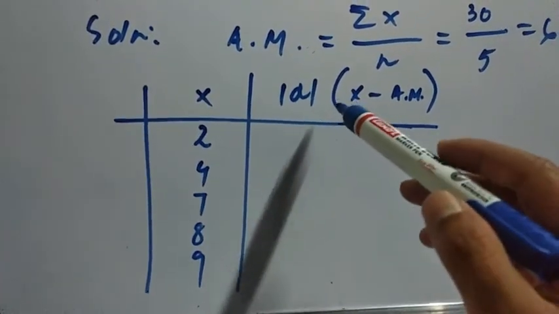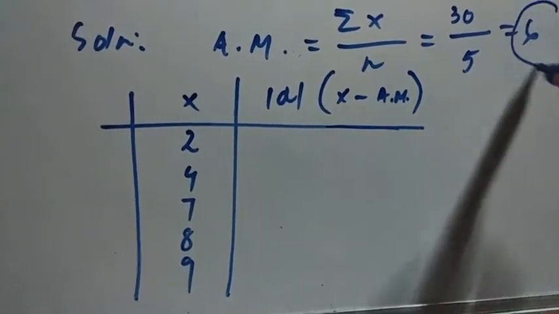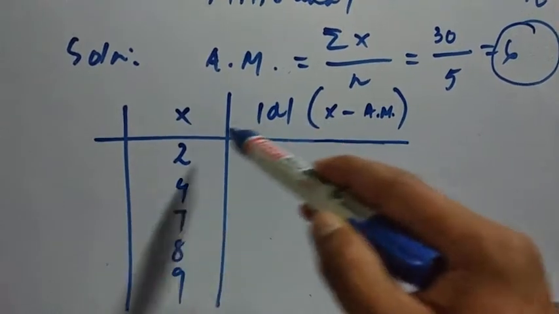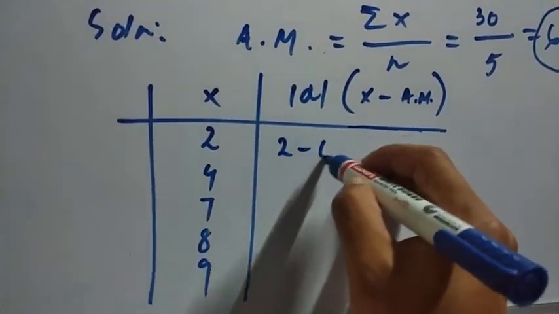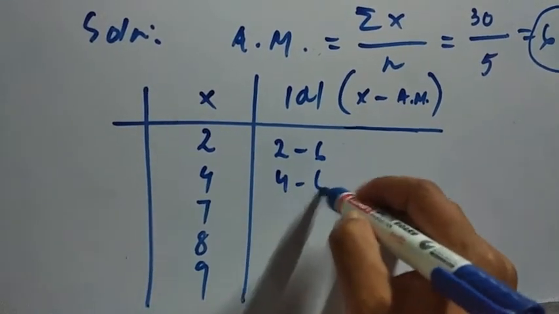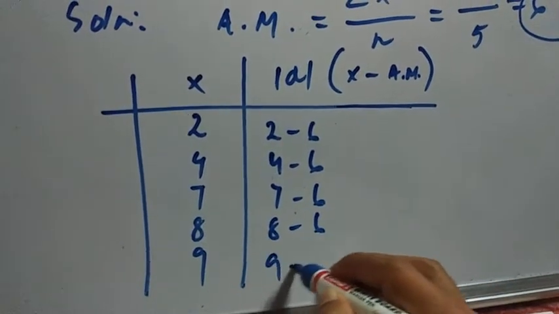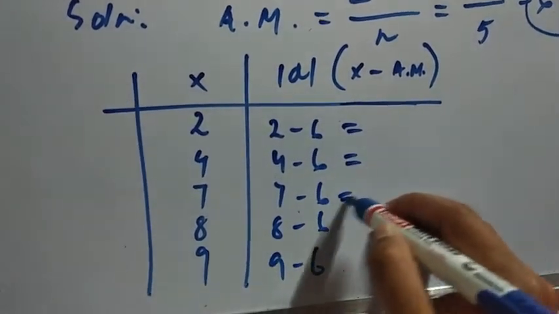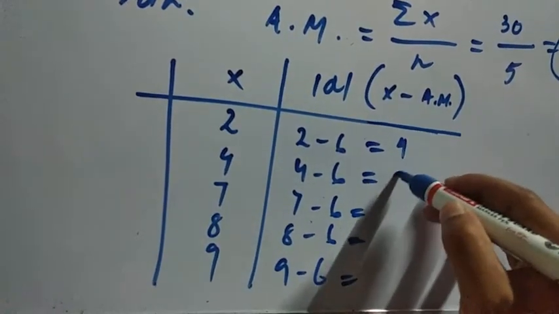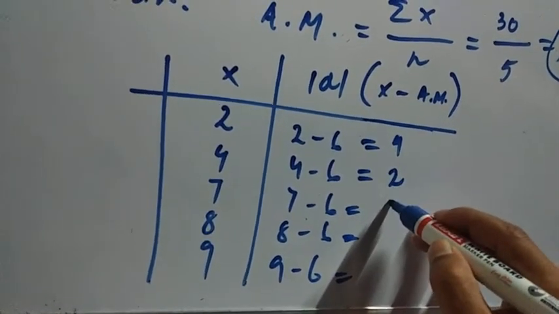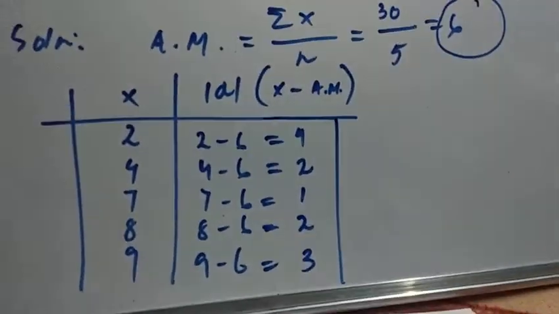We find d by subtracting the arithmetic mean, this number 6, from x. So 2 minus 6, 4 minus 6, 7 minus 6, 8 minus 6, 9 minus 6 will give us 4, 2, 1, 2, 3. So that is how we find d.